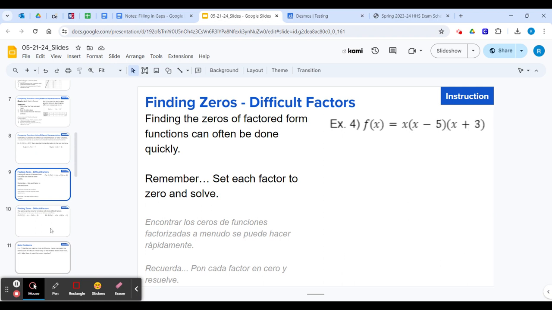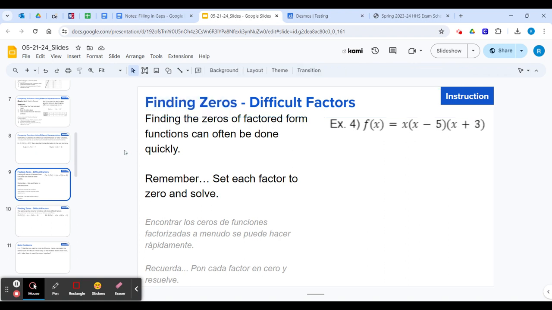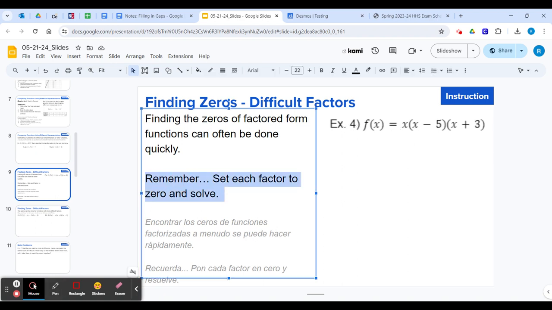All right, moving on to the next topic. This is finding zeros with difficult factors. So a little bit of review, a little bit of extension. In example 4, we can find the zeros of this factored form equation pretty quickly. We do that by setting each factor to 0 and solving.